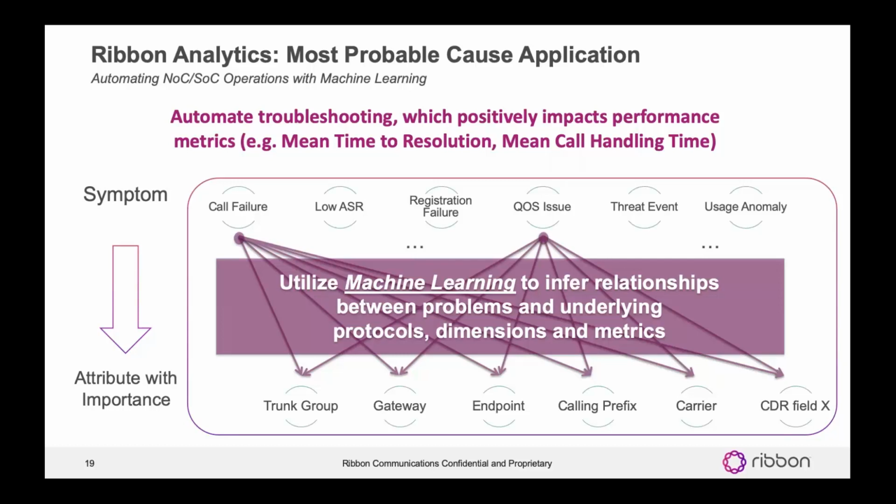This particular application is most probable cause for voice, and we have other applications: most probable cause for VoLTE, voice over LTE, which has a whole other set of data coming in and complexity associated with mobile networks. So you can see the value here, and it goes beyond voice. It really is a generic ML function that is now part of your toolbox as a new model and capability.